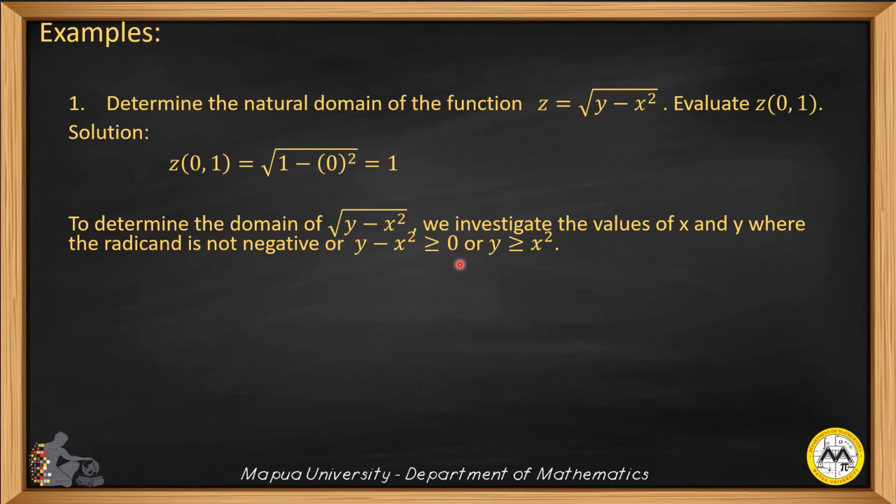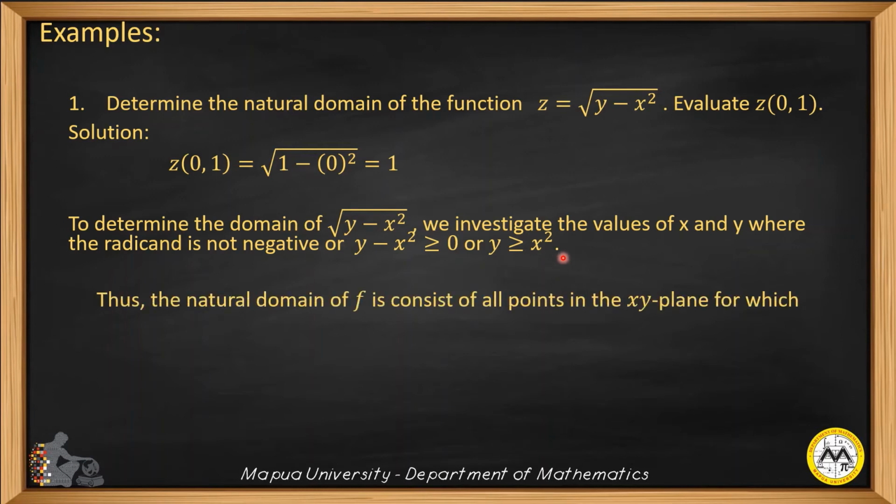Now, this would lead us to a relationship between the independent variables, and in this particular case, the radicand would be greater or equal to 0 when y is greater or equal to x squared. So, what we are saying is that the natural domain of the function f consists of all points in the xy plane for which y would always be greater or equal to x squared.